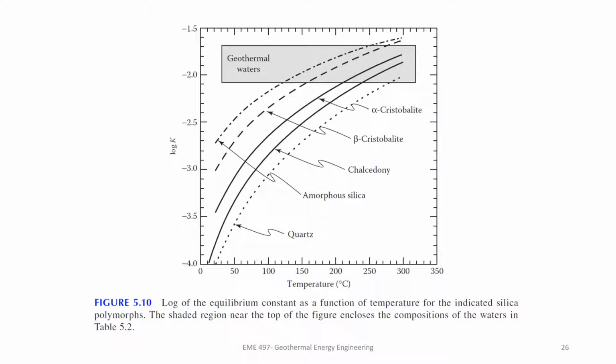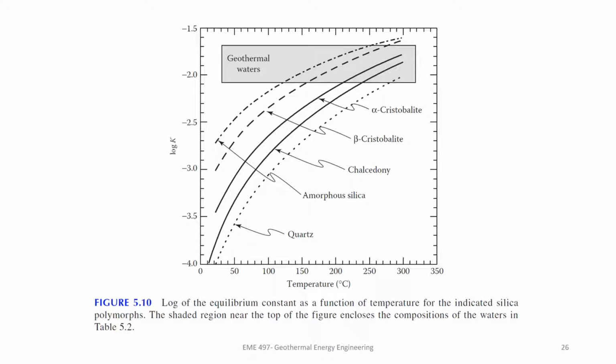As a result, geothermal generating equipment that is in contact with geothermal fluids has the potential to acquire deposits of silica, which is known as silica scaling. And this is a problem geothermal power facilities have to remediate using different processes to prevent silica scaling.